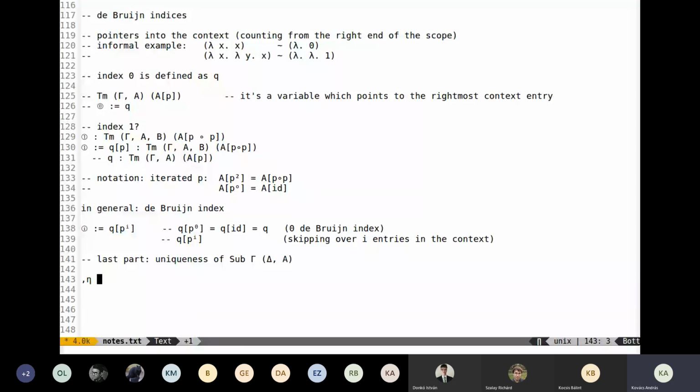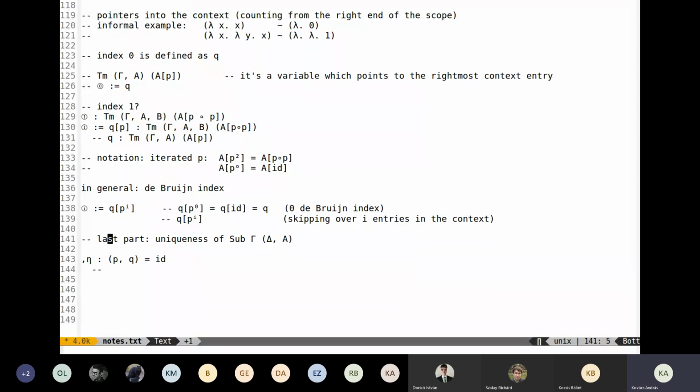comma eta. So this says that if we have a P comma Q, that's the same as ID. Let's write some types here.